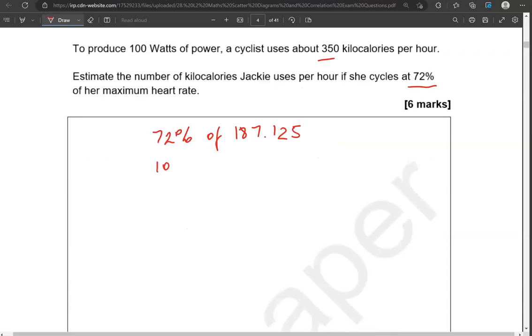So 10% of 187.125 is worked out by dividing the number by 10. So that will give us 18.7125. So we move the decimal point one place to the left to make the number 10 times smaller. So that is 10%. 70% we can get by multiplying this number by 7.